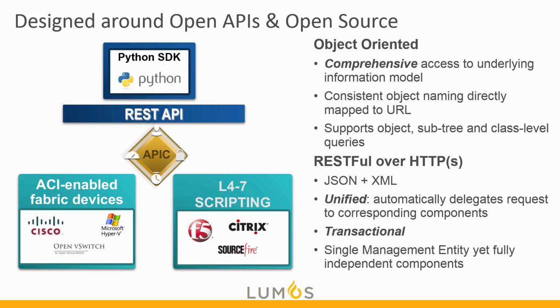So we're going to talk a lot more about this in a future module, so we'll just give a little bit of airtime to this right now. ACI really is designed around open APIs and open source code. So absolutely everything is accessible from the APIC through a RESTful API.